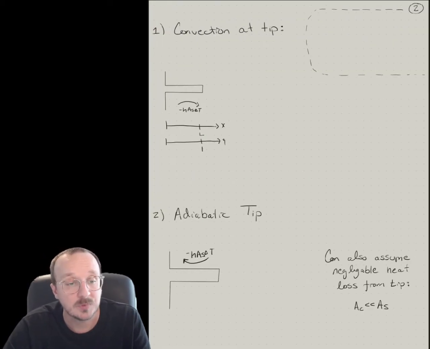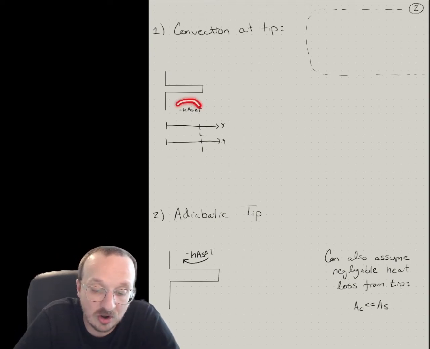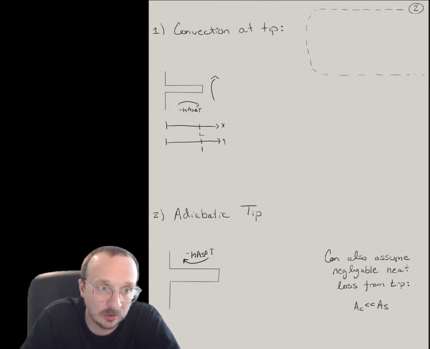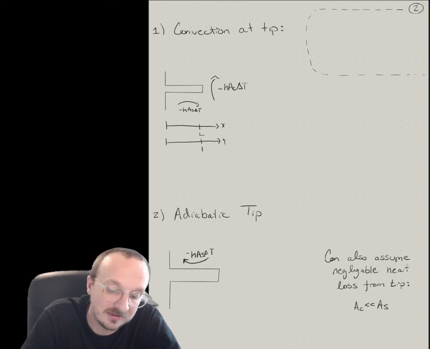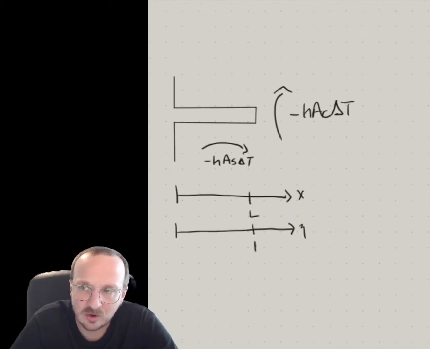Number 1, you can have convection. Okay, this would make perfect sense as you have convection along the length of the fin. You also can have convection at the tip of the fin. And so this is Newton's law of cooling, which is minus h A delta T. But keep in mind here the areas we're talking about.